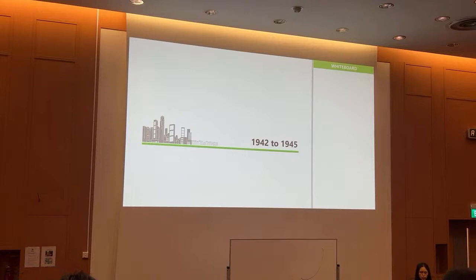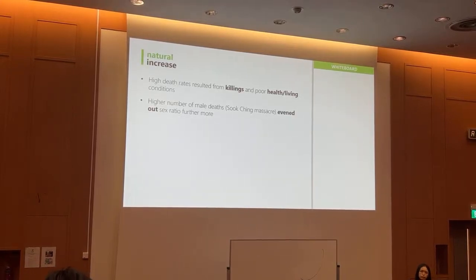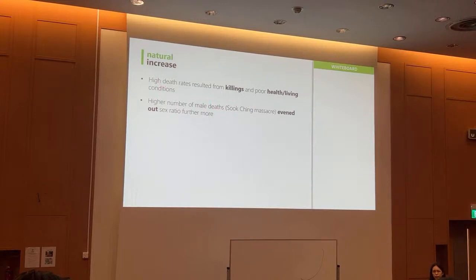Now we talk about World War II, the Japanese occupation. During this period, migration would not be active, as you can imagine. Then, in terms of natural increase, there were high death rates due to killings from the Japanese army, as well as poor health and living conditions in Singapore at that time.